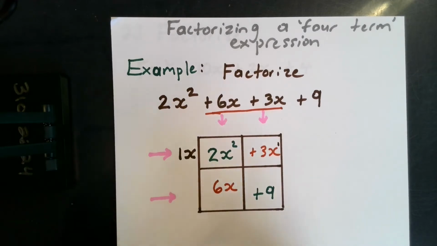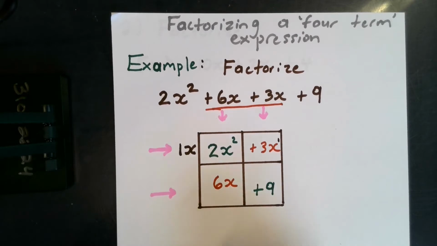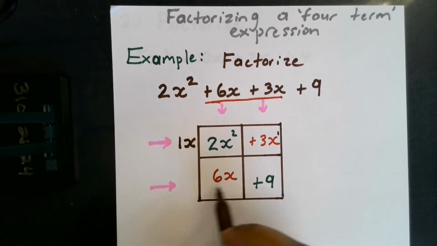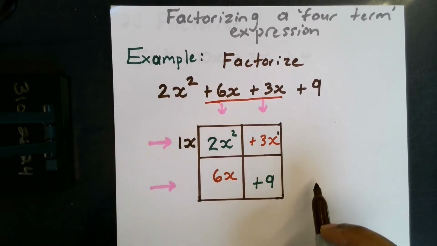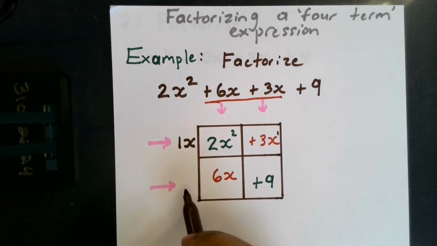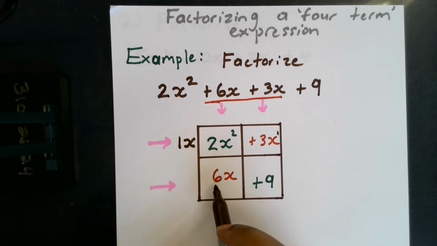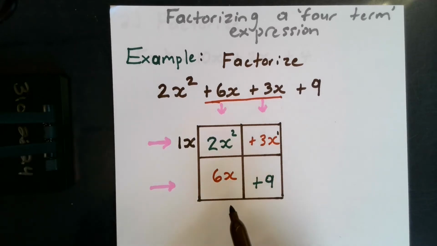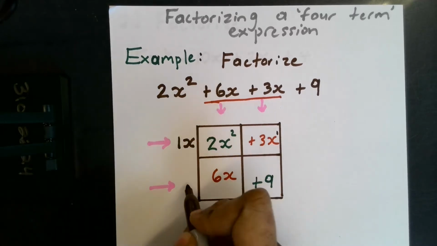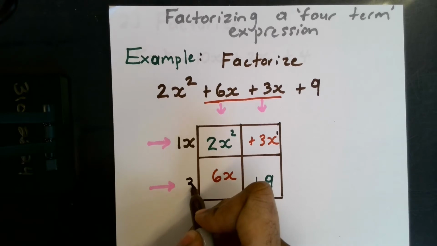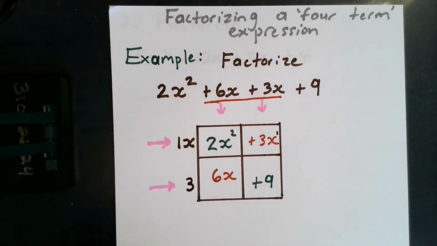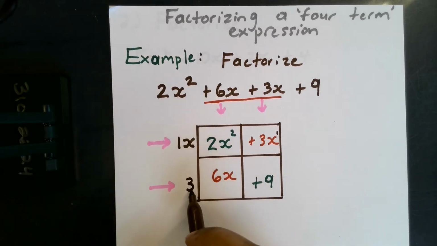Alright, in this direction, the GCF of 6x and 9 is 3. I cannot write 3x.